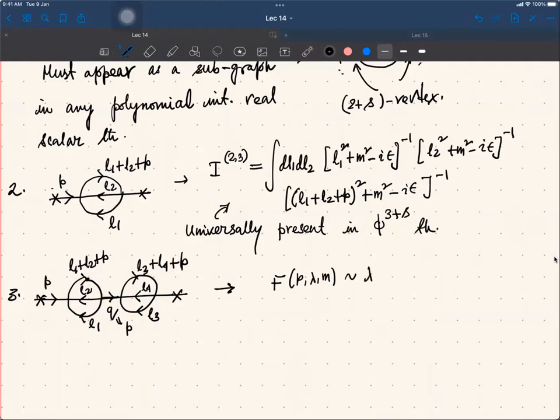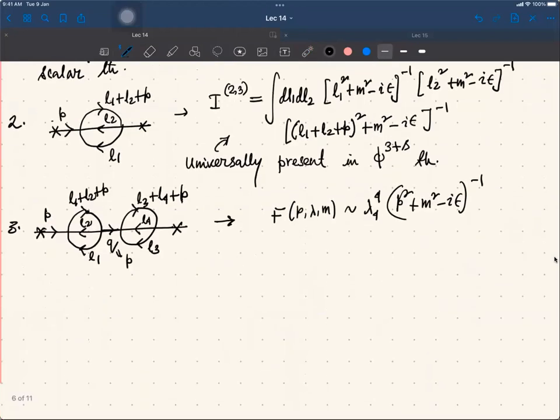So there will be lambda to the power 4, it's a phi to the 4 theory, times the propagator, which is (P square plus m square minus i epsilon) inverse. That will be F, but we have separated that out from I.